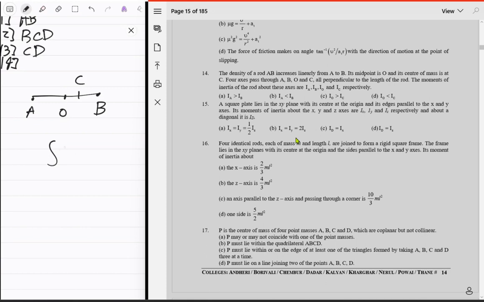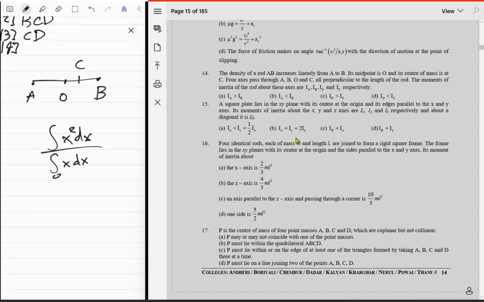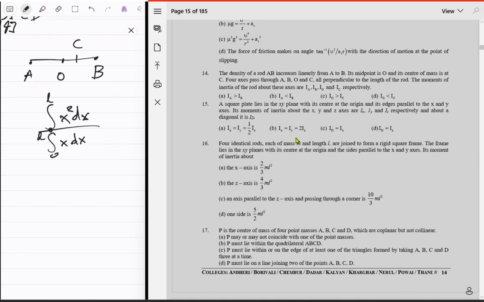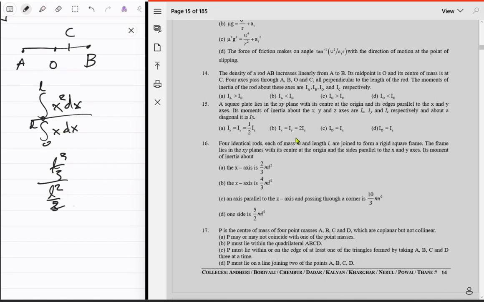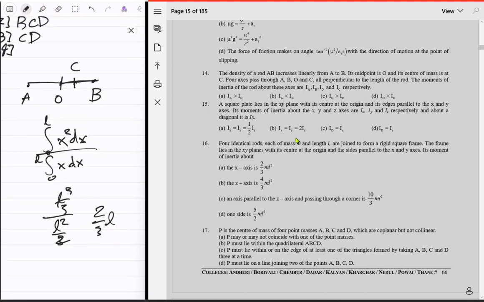Linearly increasing density, x, and then dx, that's proportional to mass. Times x once again because of the position, so x squared dx upon the integration of x dx from 0 to L. वो लैम्डा मर जाएगा, like x cube upon 3 is L cube upon 3, upon L squared upon 2. So it's 2/3 L. So यहाँ पे 1/3 L distance है and this is L upon 2, so ये distance L upon 6 होगा.